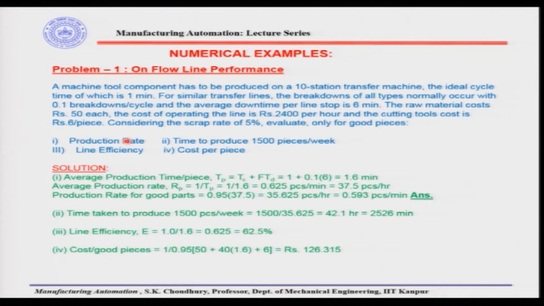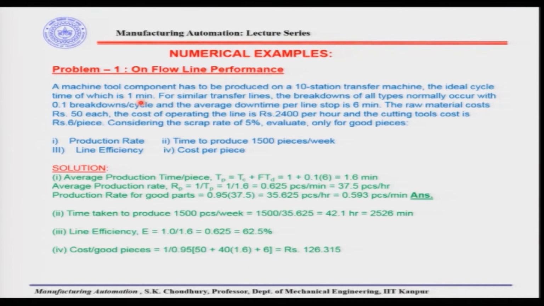Let us say problem 1. We will come to the first example of the flow line performance which we discussed earlier. For example, a machine tool component has to be produced on a 10 station transfer machine, the ideal cycle time of which is 1 minute.